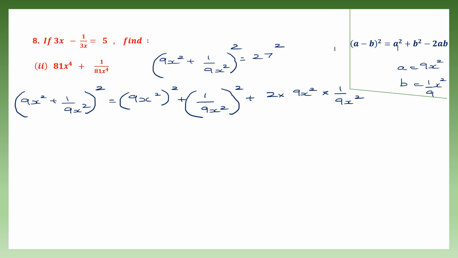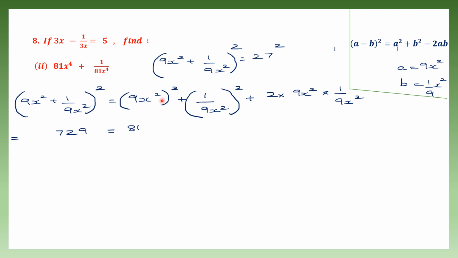Now let's simplify. Here we know that 9x square plus 1 by 9x square is 27. So the square of that will be 27 into 27, and that is equal to 729. Now here let's find this. 9 square, that is 9 into 9, is 81.